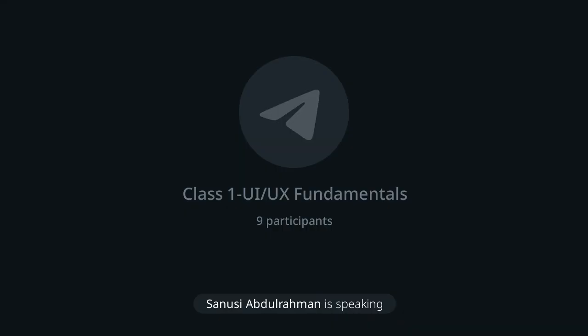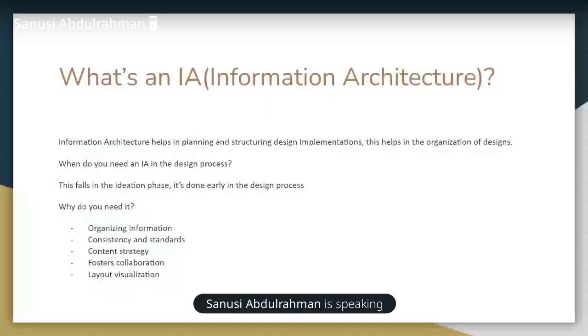So when do you need an IA in the design process? It falls in the ideation phase, while you're trying to build an IA. This IA, it is probably some persona you do and some other UX research deliverables.